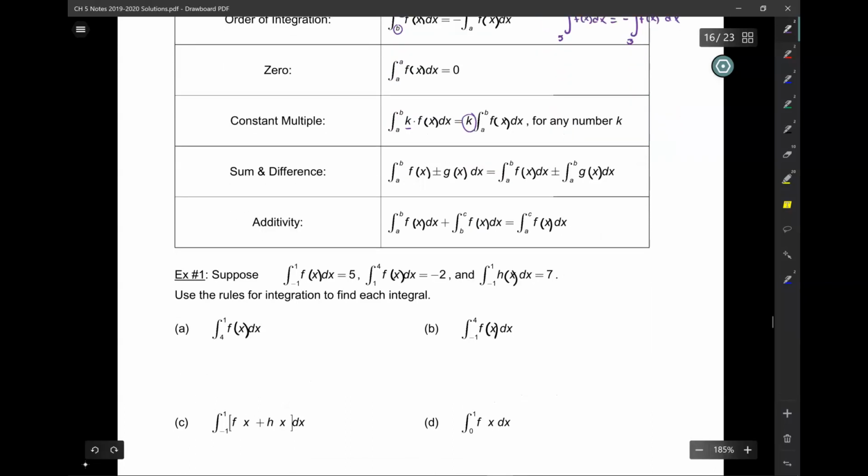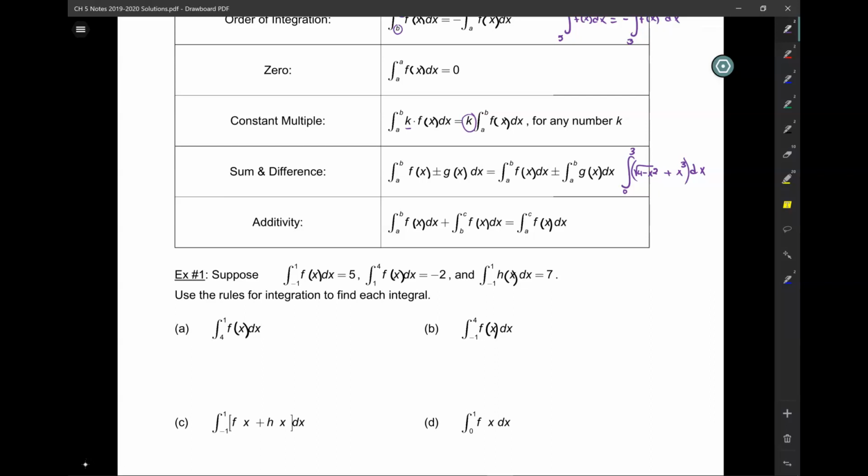Here, if I have the integral from a to b of f of x plus g of x, I can split it up. So if I have one area plus another area, I can do them separately. So for example, let's say the integral from 0 to 3 of, I don't know, the square root of 4 minus x squared plus x cubed dx, okay?